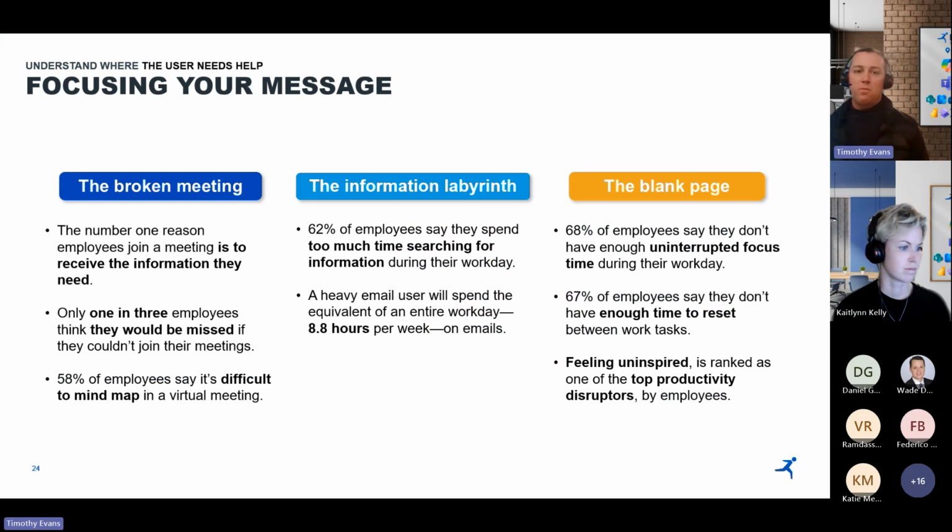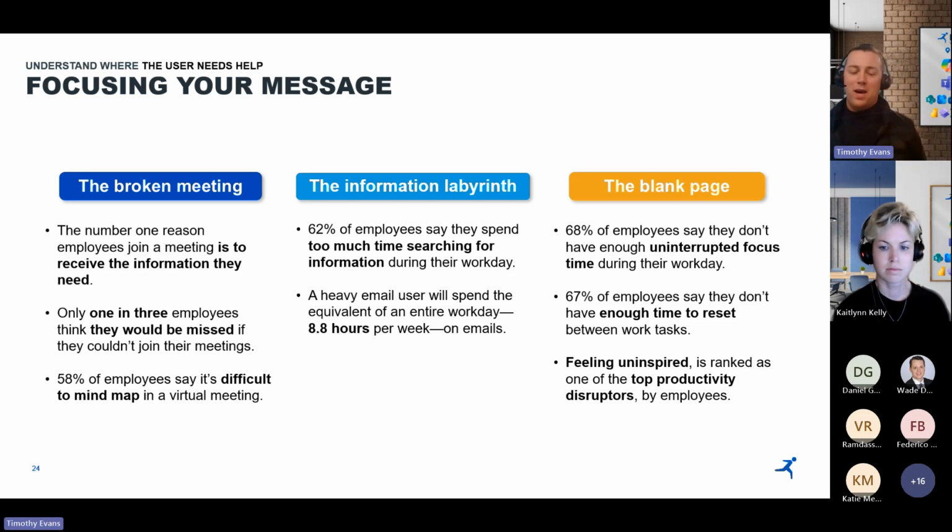So when we focus on the messaging, a lot of the times when Caitlin and I are working with organizations, we're working on focusing the message around a specific pain point. And we've got 3 specific pain points here that I want to bring up on the screen. So the first is this idea of the broken meeting.